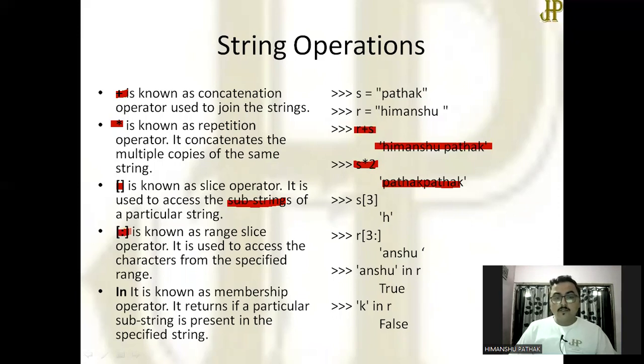This is for slicing. In is a membership operator. If you want to check whether a substring is present in a particular string or not, then in or not in membership is used. So here I have taken Anshu in r, yes, true. K in r, it will print false. Why? Because in Himanshu there is no such character K. That's why it will print false. So I think the operations are very clear to you.